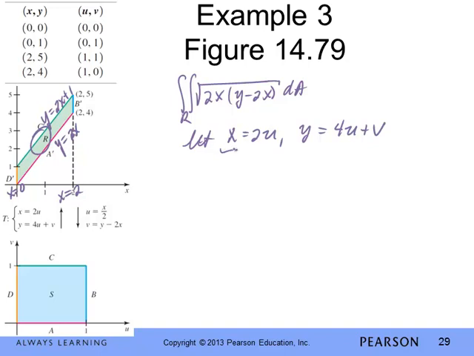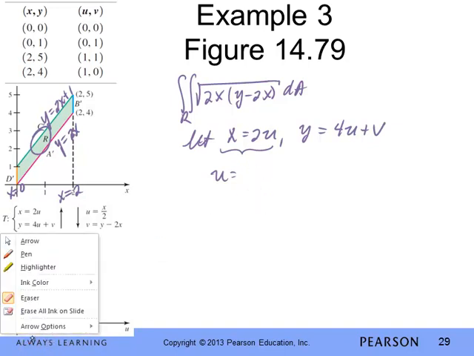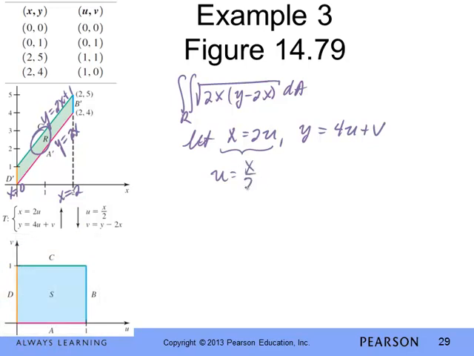Well, in this first one, if you solve for u, u is equal to x over 2. Now let's see why that would be good. Sorry about that, I was about to have a little heart attack here. No, that's x over 2. When x is 0, u is 0.